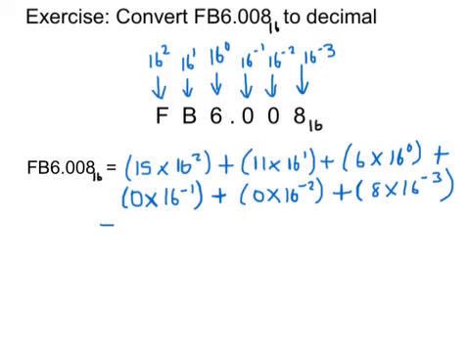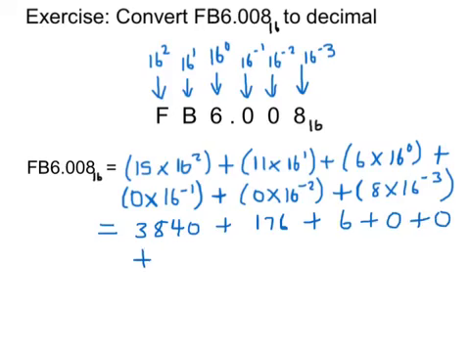And working all the multiplications out, I get 15 by 16 squared is 3840, plus 11 by 16 is 176, plus 6 by 1 is just 6, plus 0, plus lastly 8 by 16 to the power of minus 3, and that turns out to be 0.001953125.